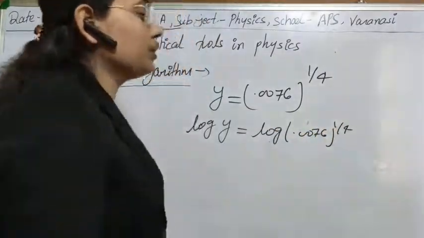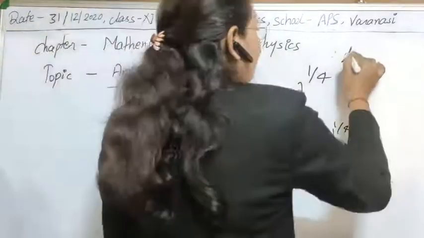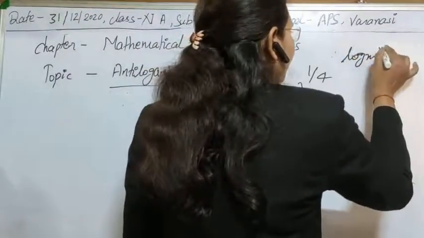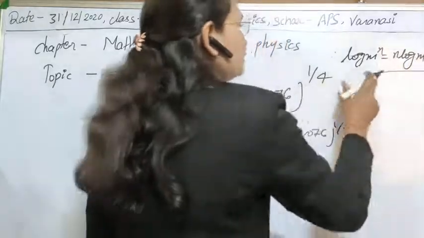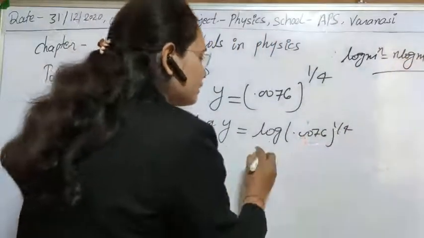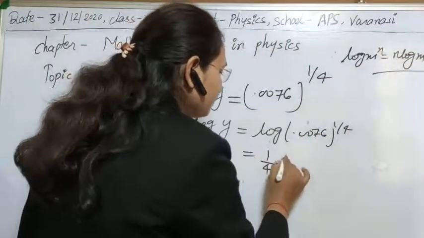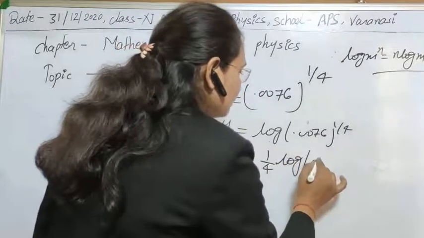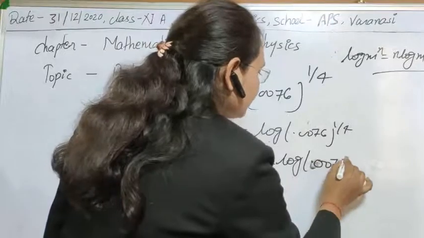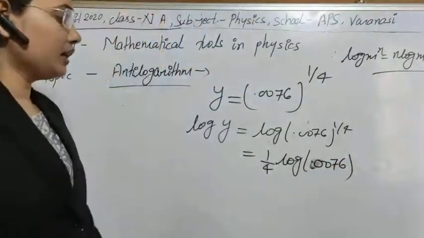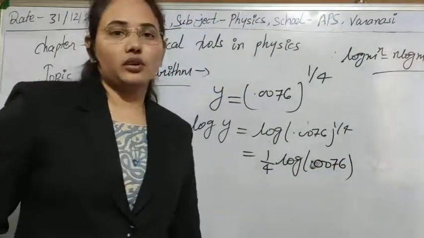And I just told you the formula of log m to the power n, it is equal to n log m. Then use this. After that this power will come here: 1/4 log of 0.0076. Now you can see the log table and you can solve it.